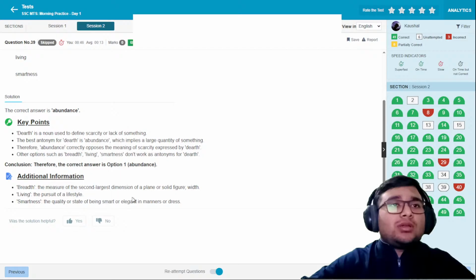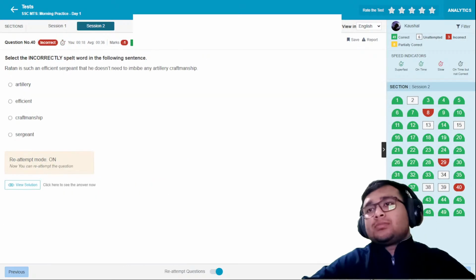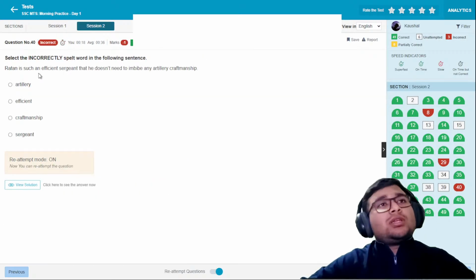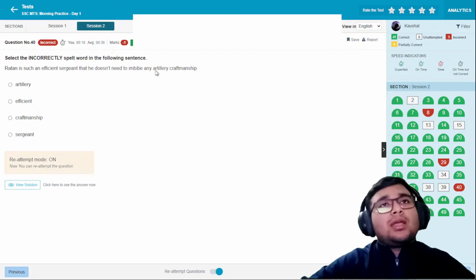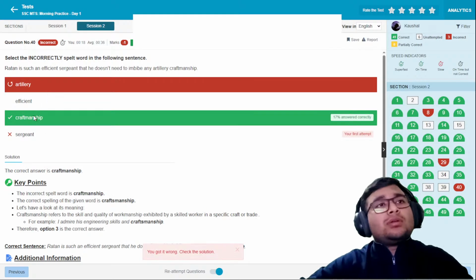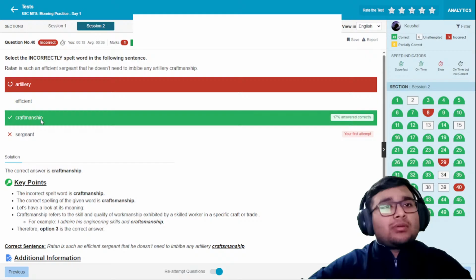Breadth, living smartness. Ratan is such an efficient sergeant. Sergeant, is the spelling correct? Sergeant, and he doesn't need to imbibe any artillery. Literary, I think. Craftsmanship. What's wrong? Craftsman. Craftsman. Wow.